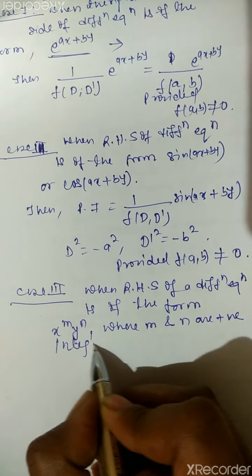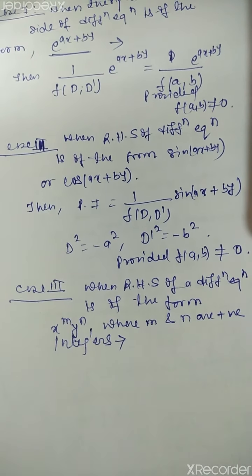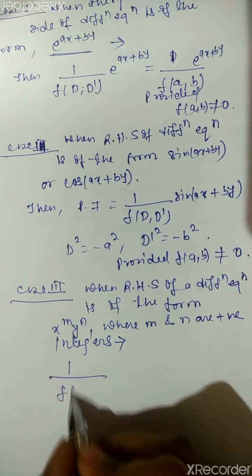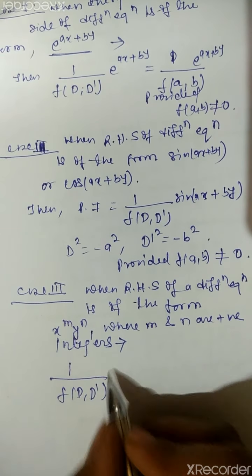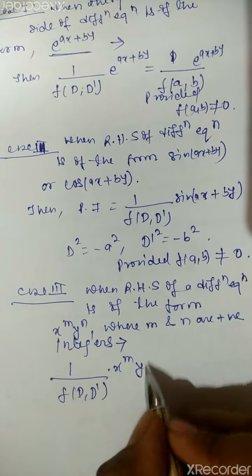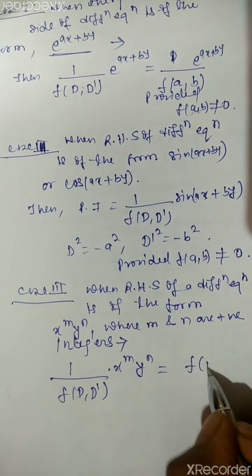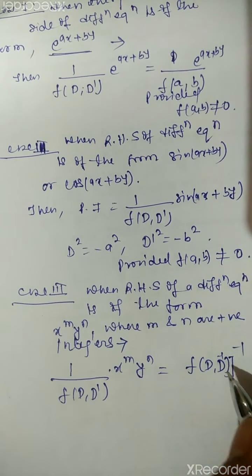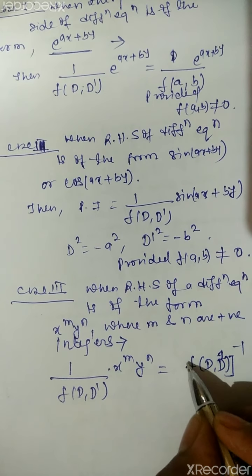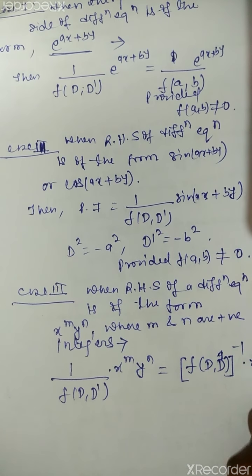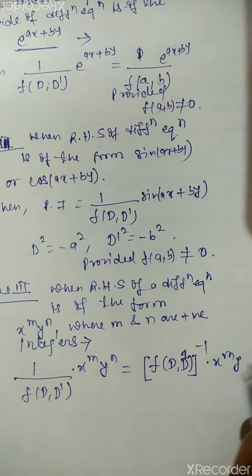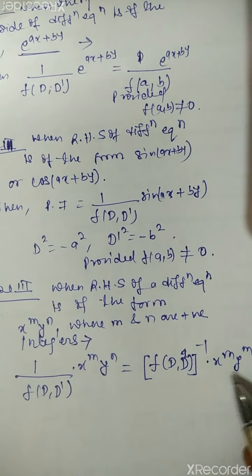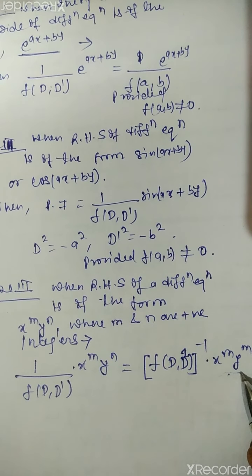Here we write 1 by f(D, D') into x to the m y to the n, express it in terms of D' inverse, and then find the integration or differentiation, whatever the function needs.